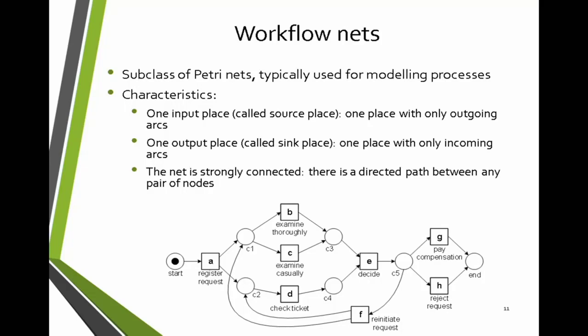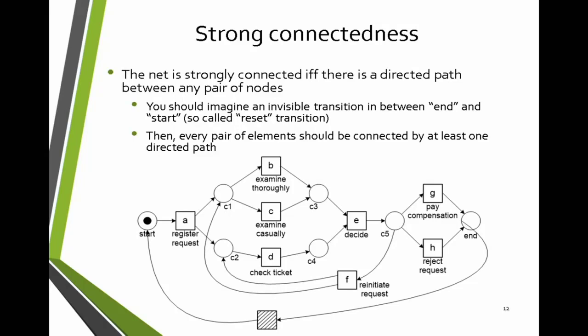The problem with the definition of strongly connected is that it assumes that you take into account the so-called reset transition. This is a reset transition. This is an invisible transition, something that has no meaning for the process, but it's a transition that connects end and start place. And it allows to reset your model. Therefore, we call it the reset transition.